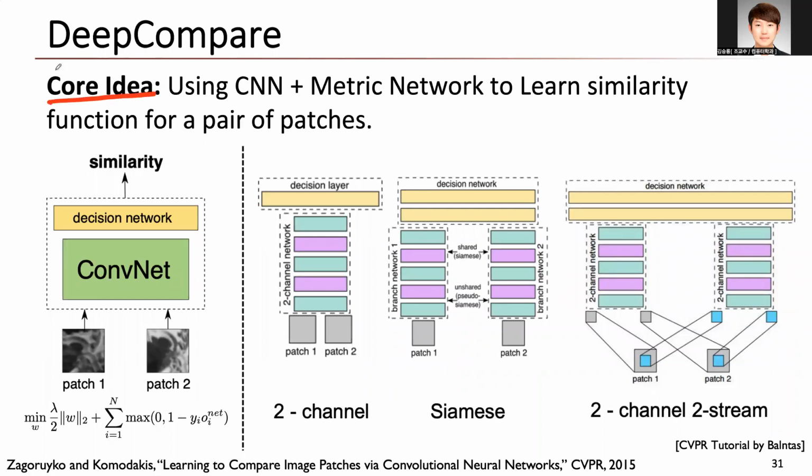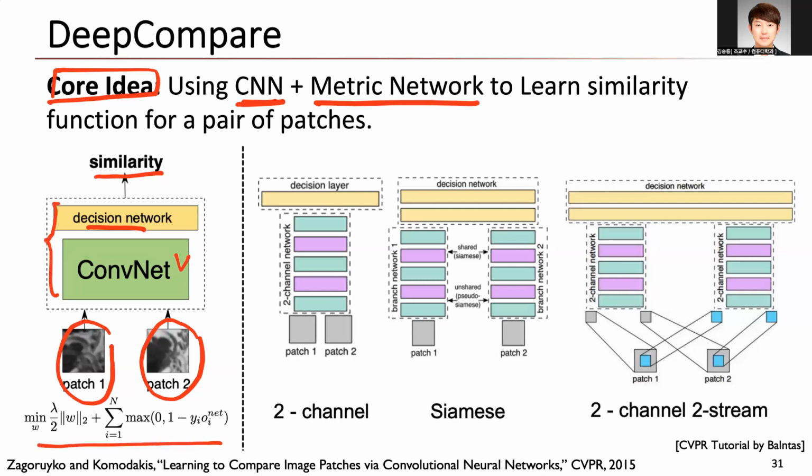The core idea of this DeepCompare paper is to use a CNN plus a metric network to learn a similarity function for pairs of patches. Given two patches, patch 1 and patch 2, we want to determine the similarity between them. They formulate a convolutional neural network with a decision network and learn this network with a triplet loss, or a metric loss.